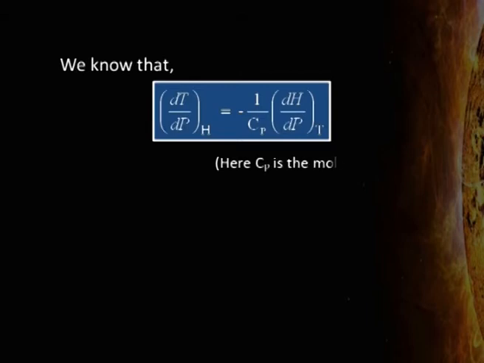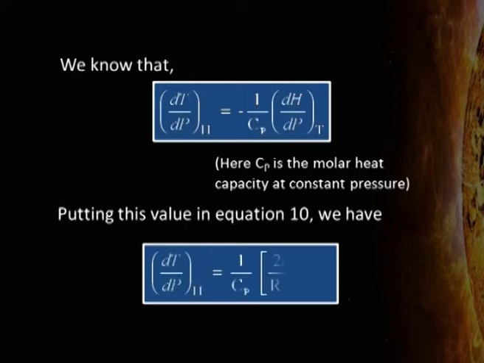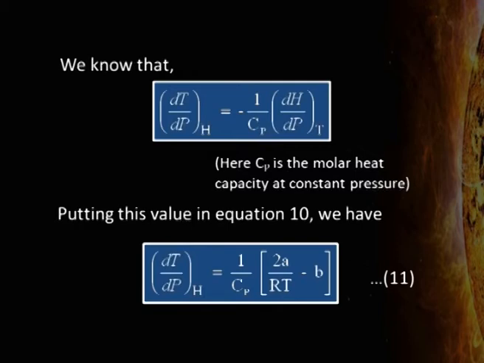Here Cp is the molar heat capacity at constant pressure. Putting this value in equation 10, we have dT upon dP at constant enthalpy equal to 1 upon Cp multiplied by 2A upon RT minus B.